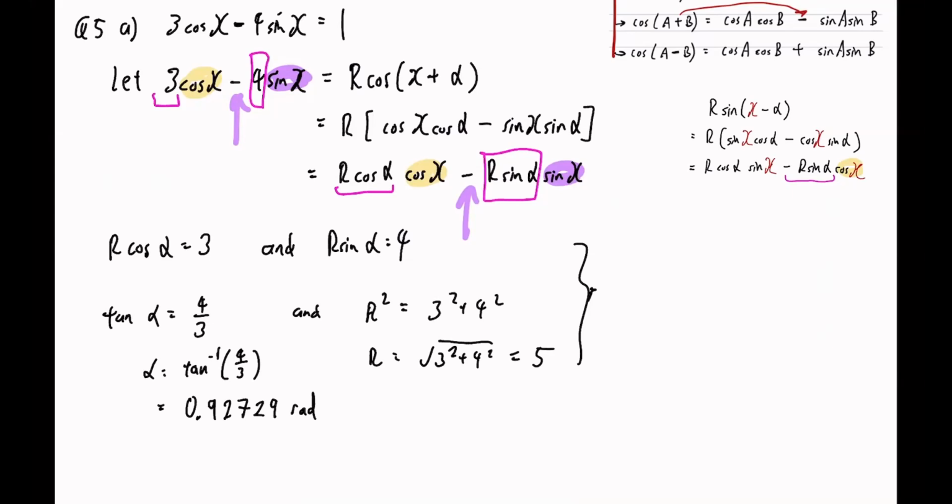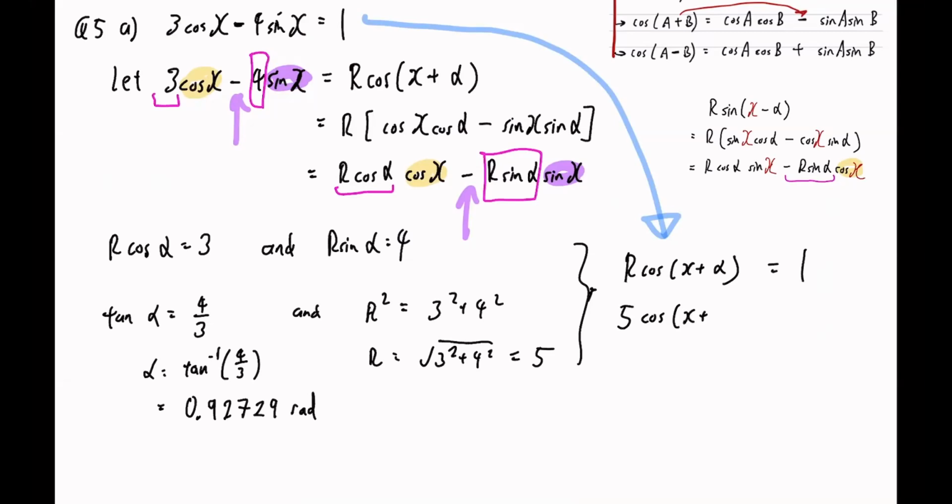So now we can finally substitute our left-hand side here with r cos(x plus alpha), where r and alpha were already found. Back to the original question. We conclude that the left-hand side is r cos(x plus alpha) equals 1, which is really just 5 cos(x plus 0.92729) equals 1.